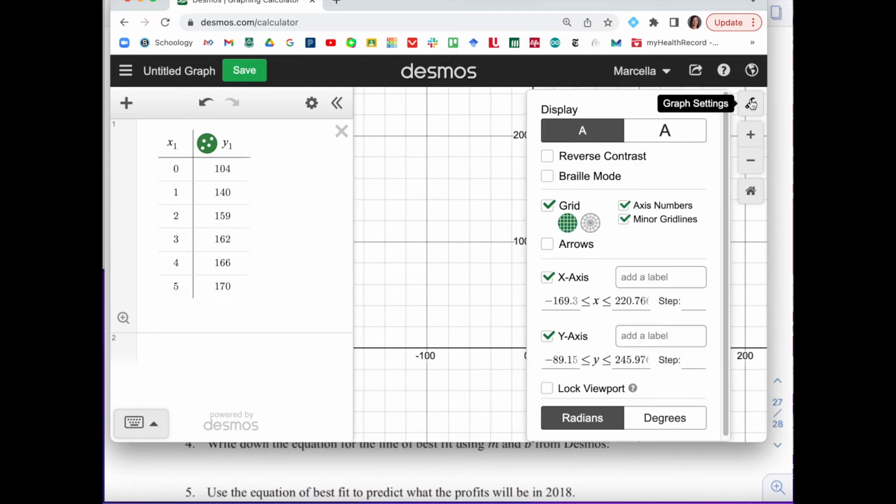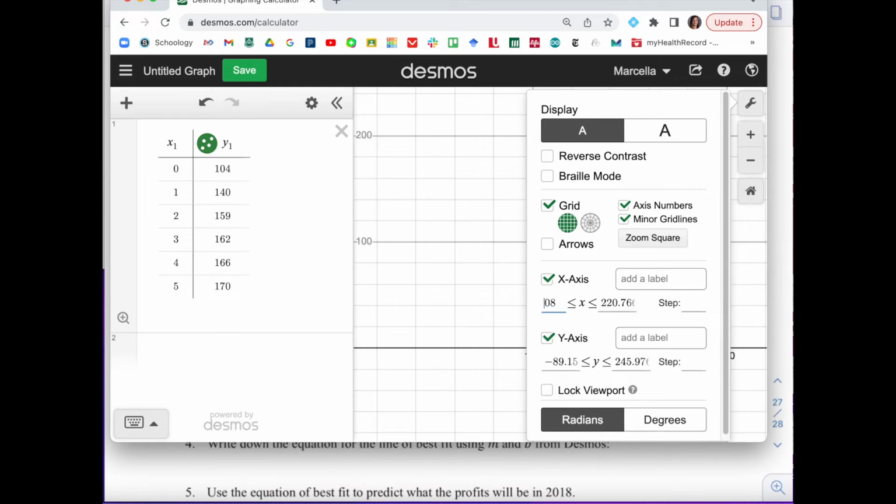So one way to change our axes is to click on the wrench here. And what we're going to do is change our x-axis. So instead of going from this really small number, I'm going to start at maybe -1, and I'm going to go up to maybe 6.